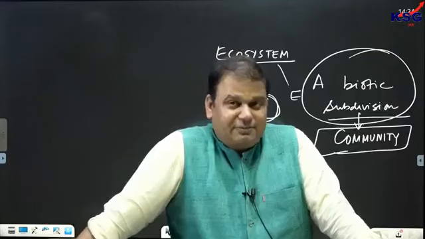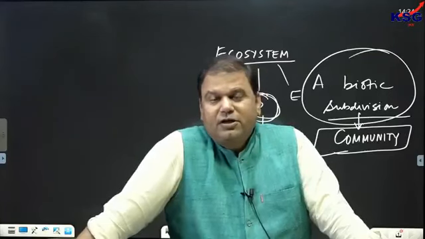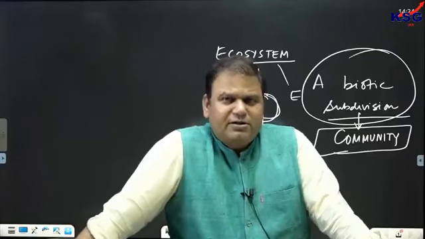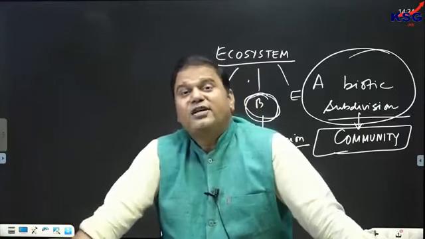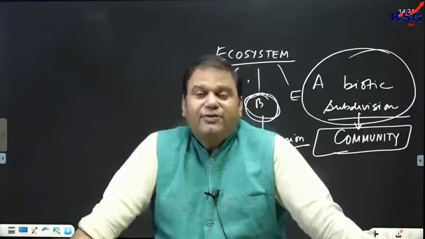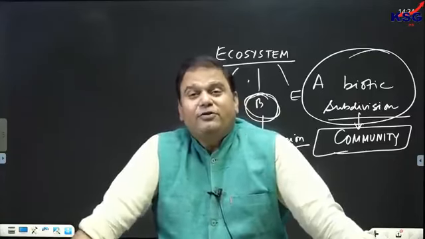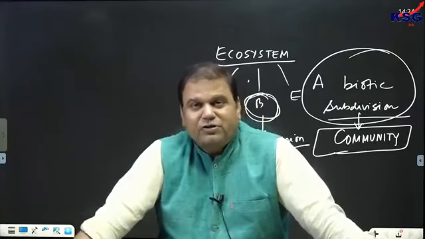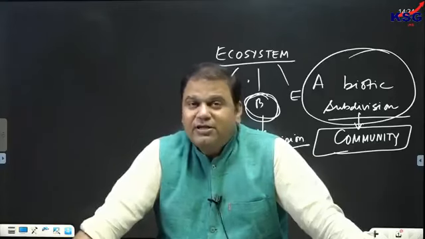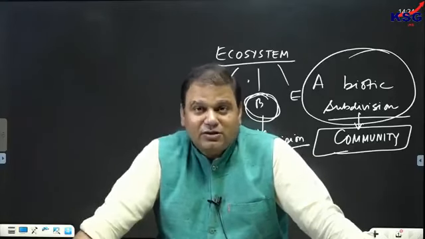So the functions that any member of the community performs for its own maintenance, for its own survival, would be collectively referred to as niche. You know what a community is: a biotic subdivision of the ecosystem.